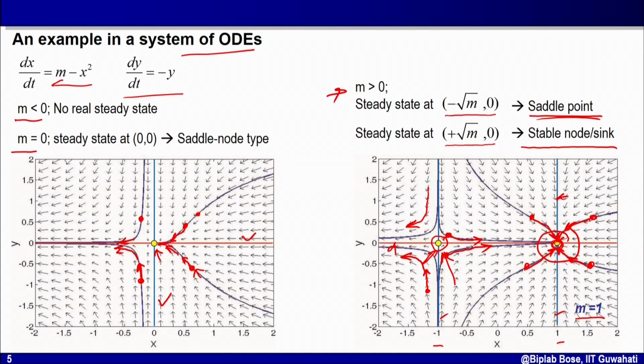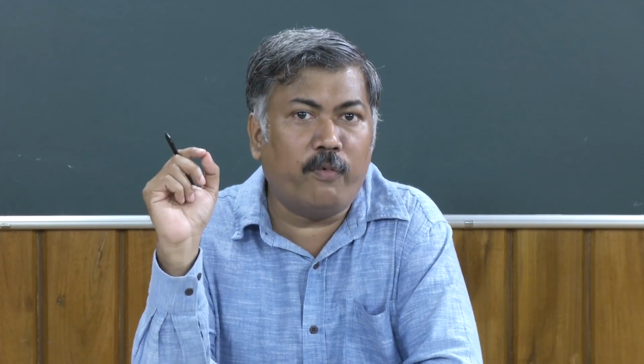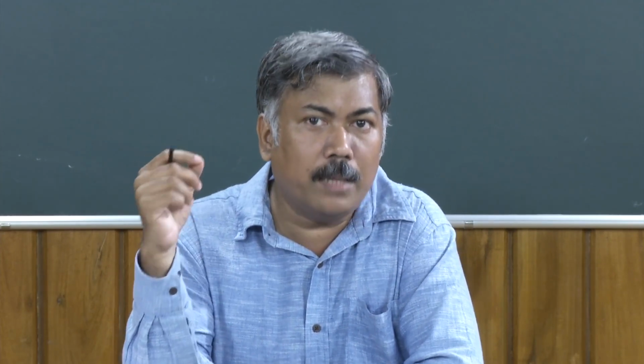When m equal to 0, I have a saddle node type which is unstable. Whereas when m is greater than 0, I have two steady states. One is a saddle point, which is obviously unstable, and the other one is a stable node type. So the parameter m is not only affecting the number of possible steady states, but also affecting the trajectories or the phase portrait of the system and the stability of these steady states.